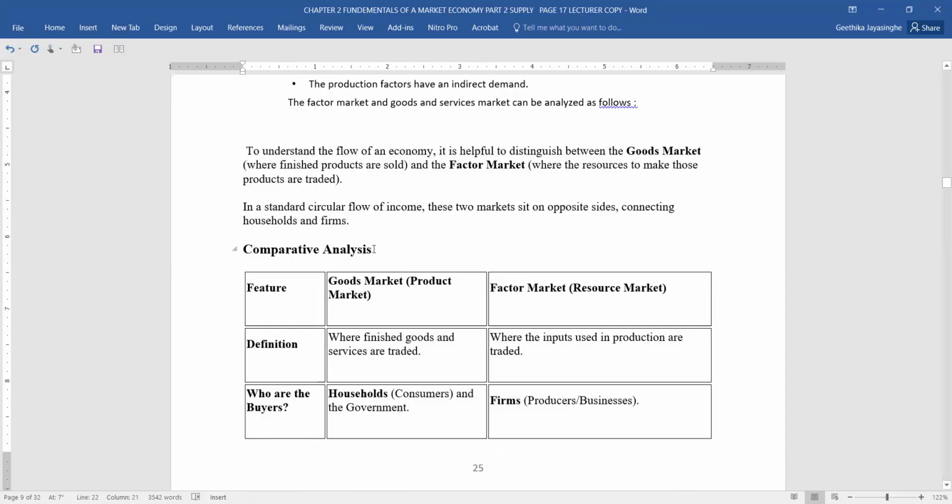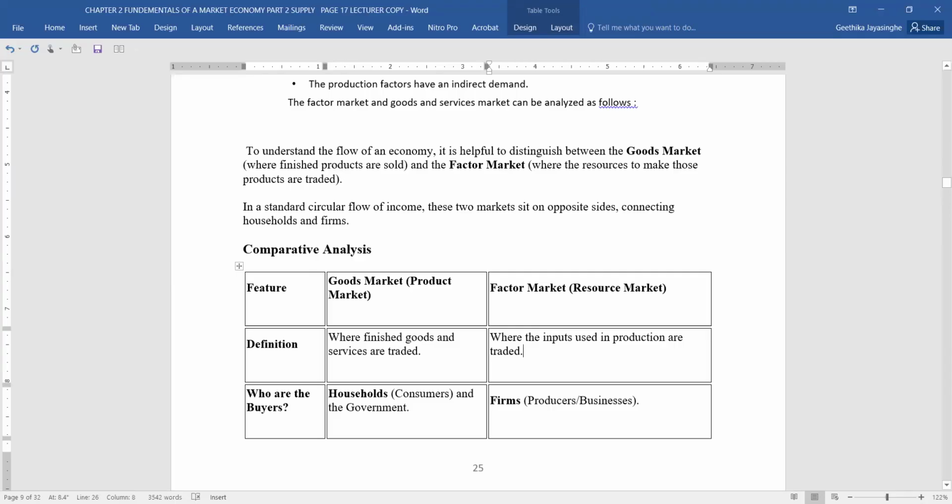If you talk about the basics, in the goods market, the finished products are sold. In the factor market, the items required to do production are sold. So they are the inputs used in production, right?